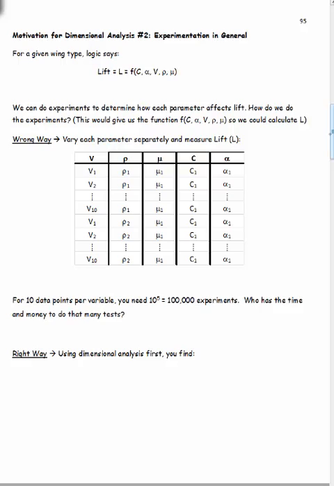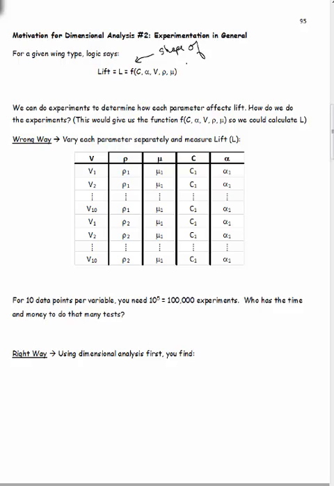Second motivation is just experimentation in general. Okay, so we've decided here, or I've decided for you, that the lift is going to be based on these things: chord length, angle of attack, velocity, and the fluid properties rho and mu. Okay, this means lift is a function of these things, and this function is going to depend on your wing shape.